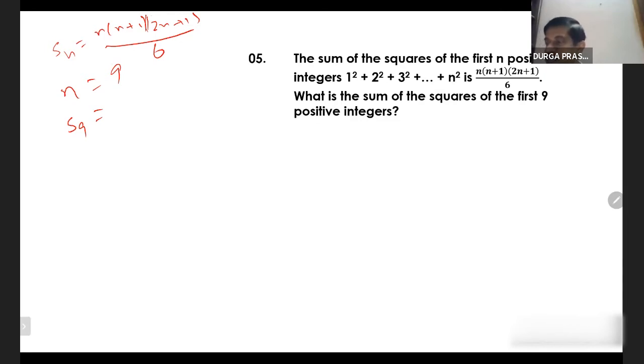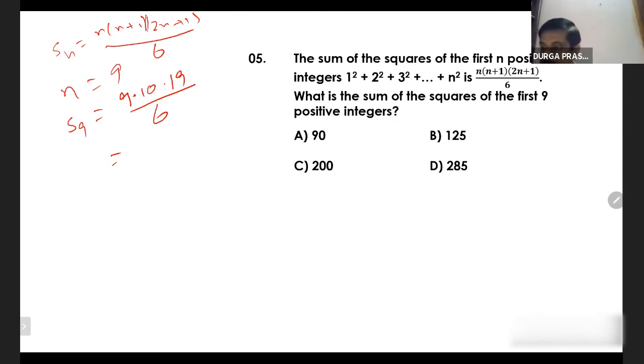S9 is 9 into 10 into 19 by 6. So 9 into 10 into 2 times 9, 18 plus 1, 19.